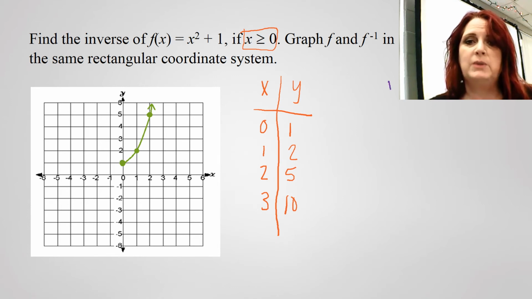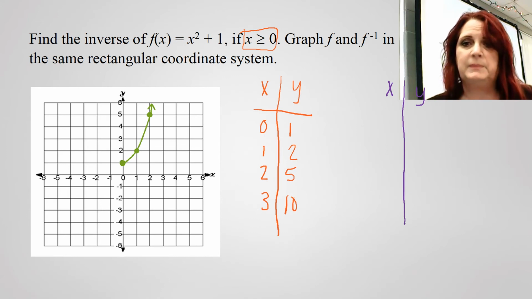So then when I go to the inverse function, keep in mind, I could find that equation by doing y equals x squared plus 1. And then I'm going to subtract 1 from each side, so I get y minus 1 is x squared.